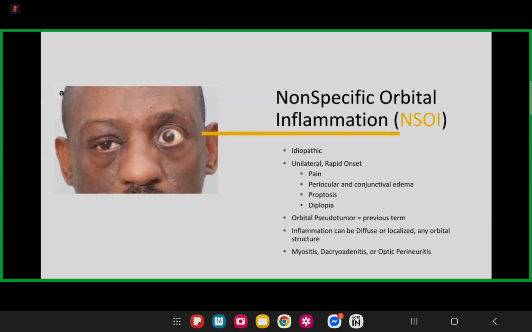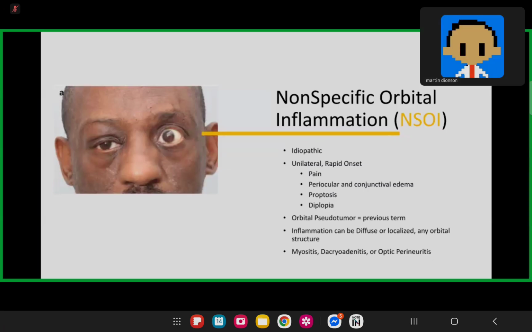A differential when you have lid retraction, when patients have normal thyroid levels, you can consider NSOI, or non-specific orbital inflammation. This is one of the most common differentials when you have thyroid eye disease as one of your primary problems.